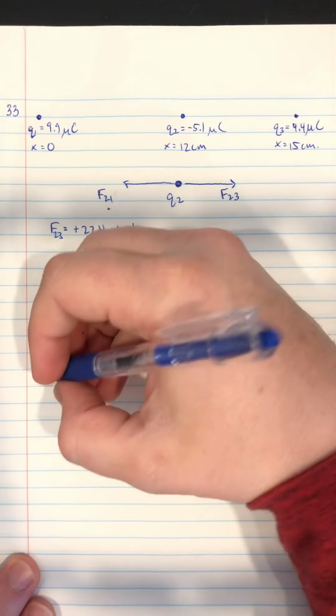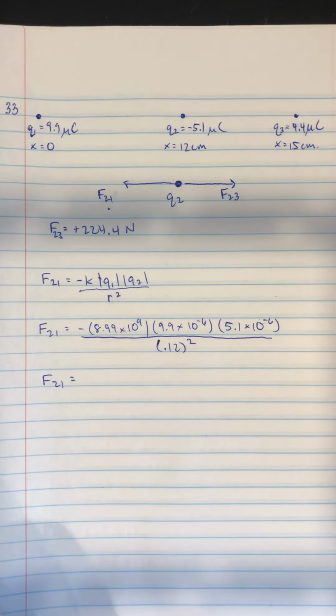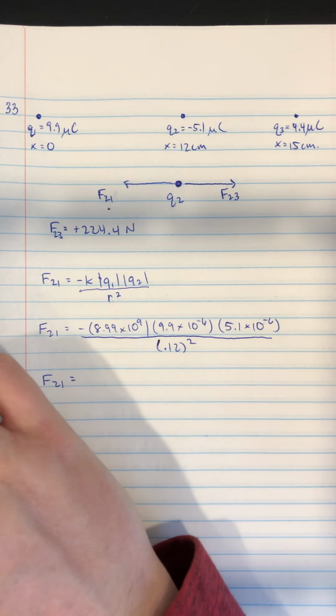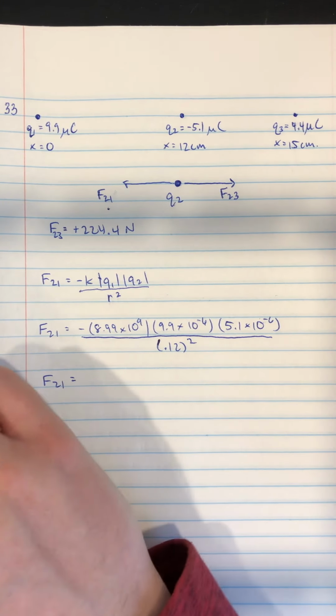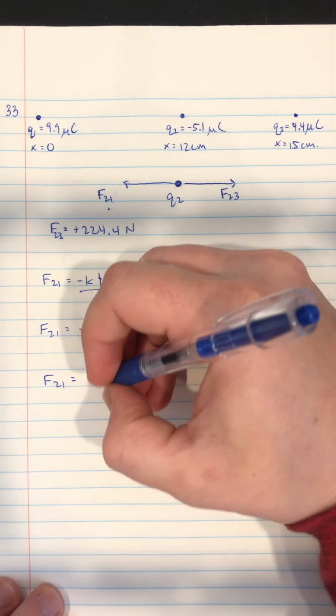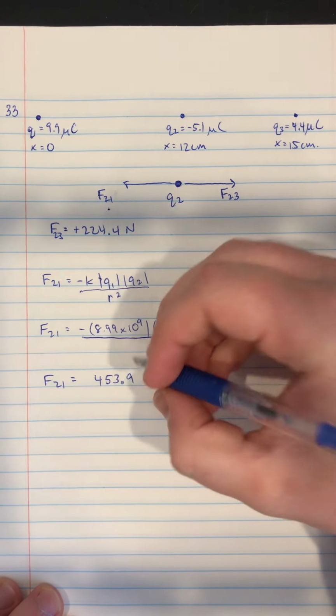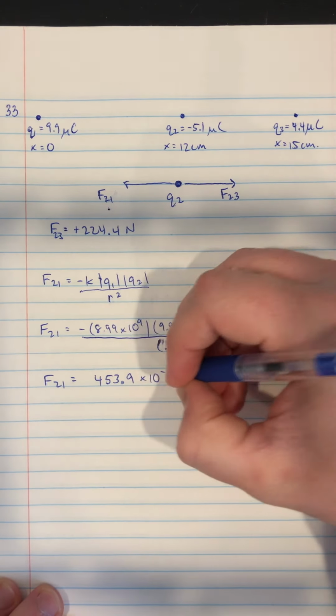We just got to do that math there. So 8.99 times 9.9 times 5.1 will give us 453.9 times 10 to the negative 3rd.